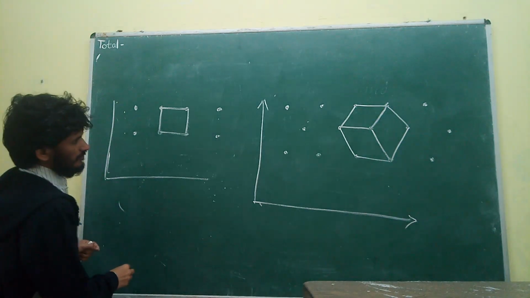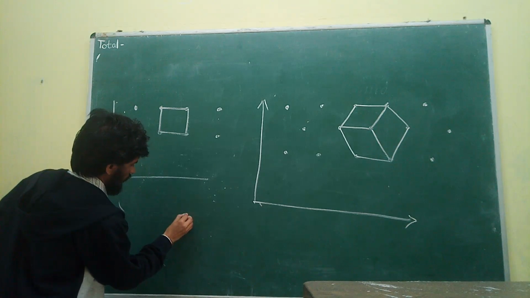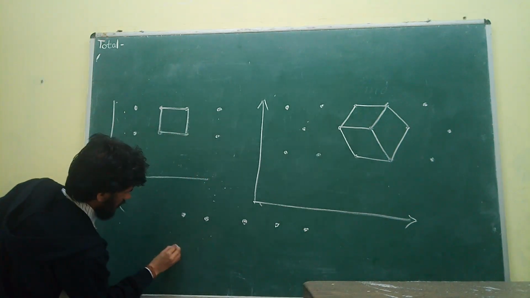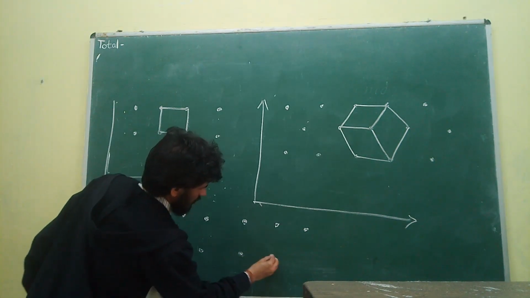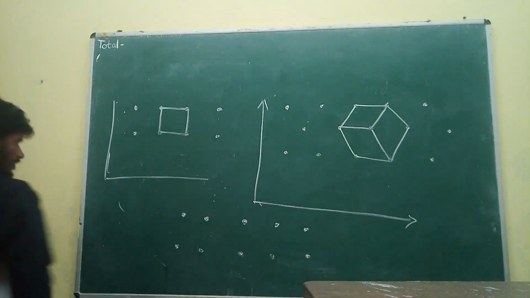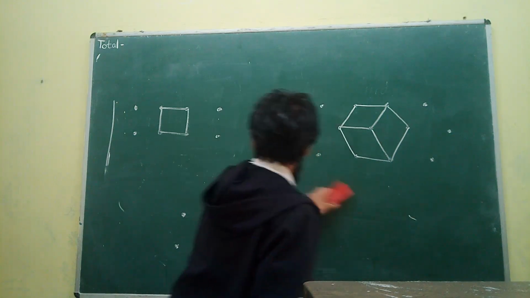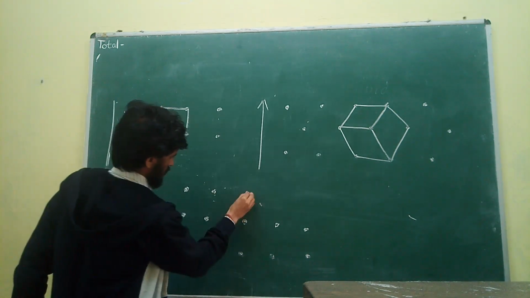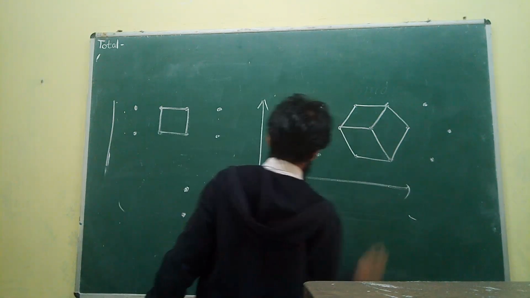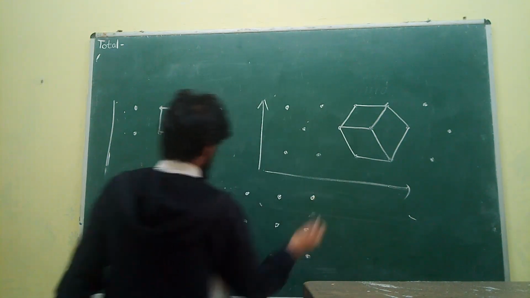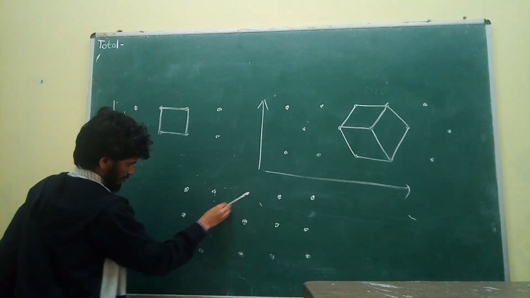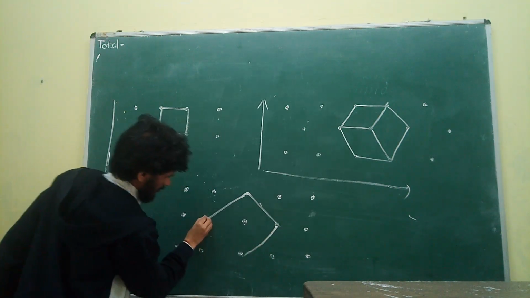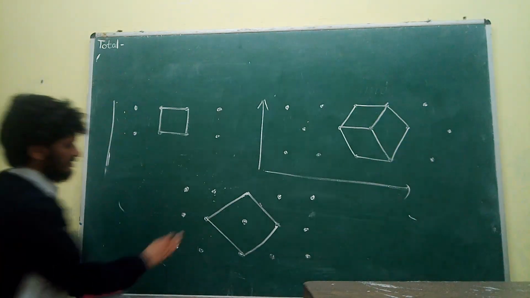Now again we are going to draw a rhombus, with 5 points in each row. So this is called a rhombus unit cell.